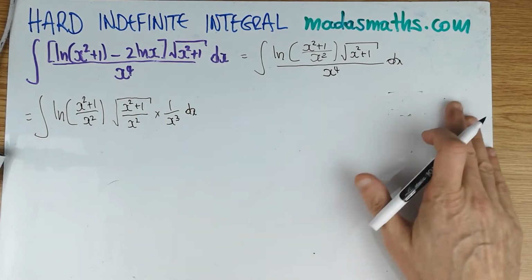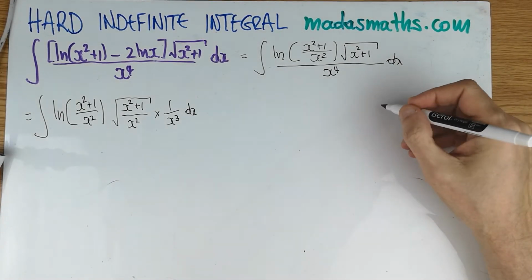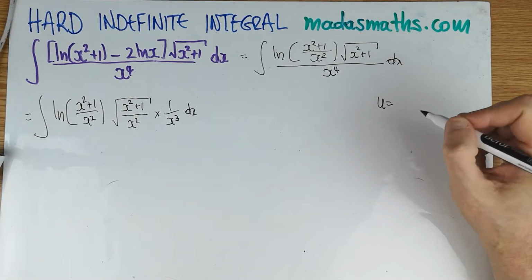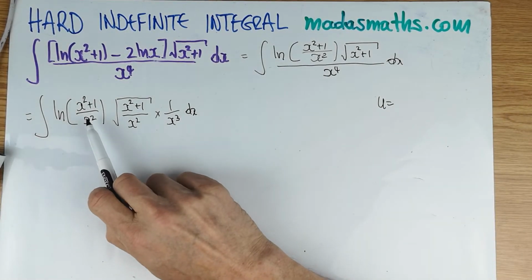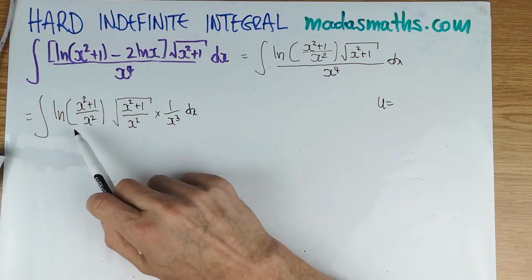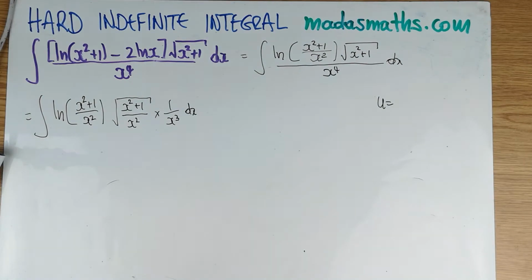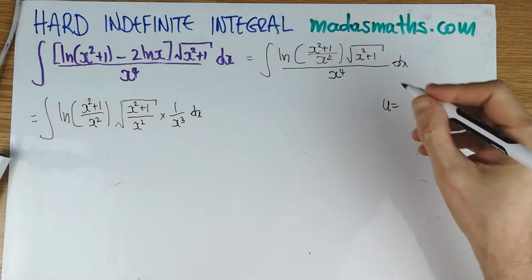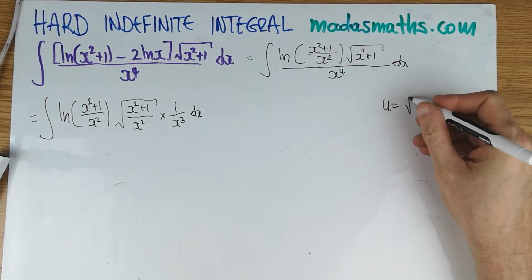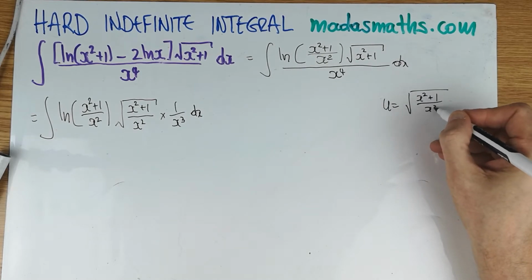Now all of a sudden I feel a lot better. I'm not saying that this will work, but it definitely looks a lot better. I'm going to use a substitution now. I think possibly the whole argument of the log will work, or the square root will work. I'm a square root man, so I'll try u is the square root of x squared plus 1 over x squared.